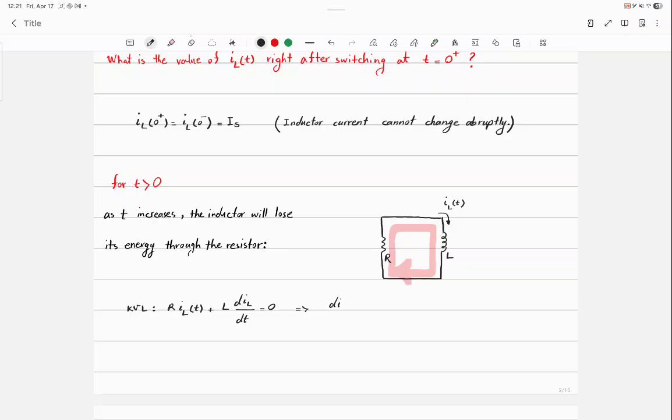It's going to be dIL over dt plus R over L times IL(t) is equal to 0. What is this called? Have you ever seen that before? Ordinary equation. First order ordinary differential equation.